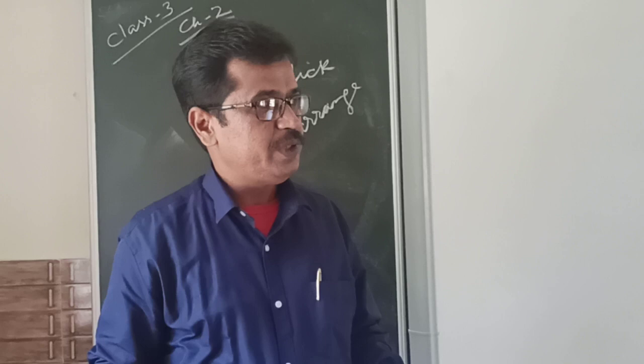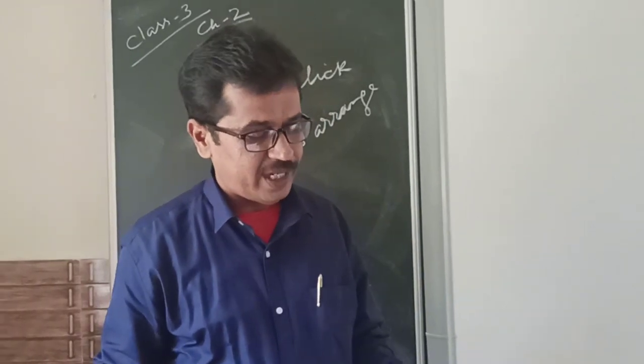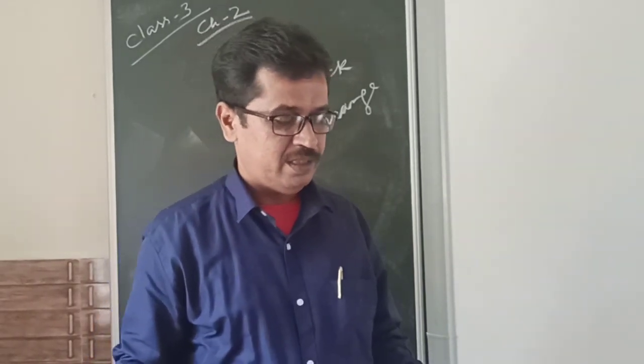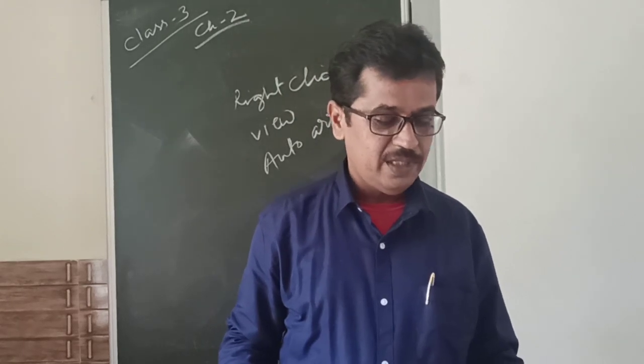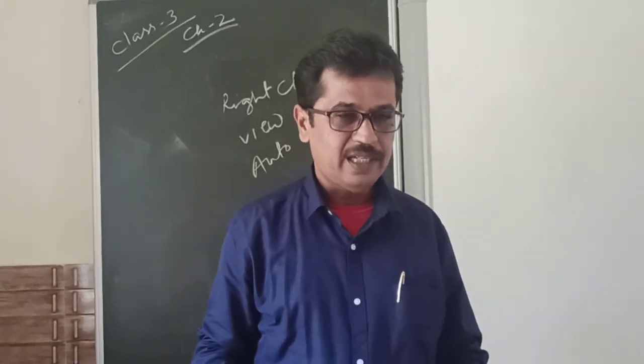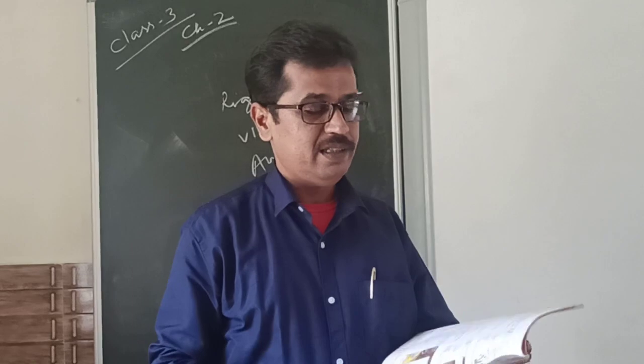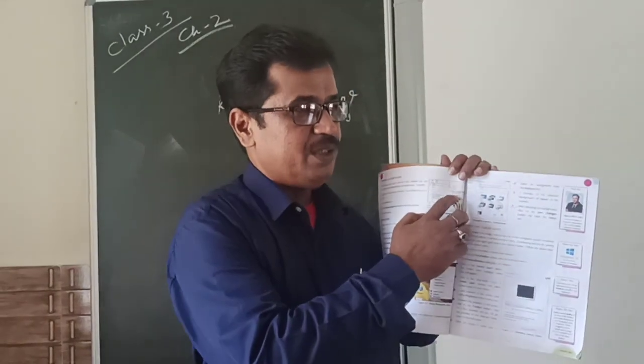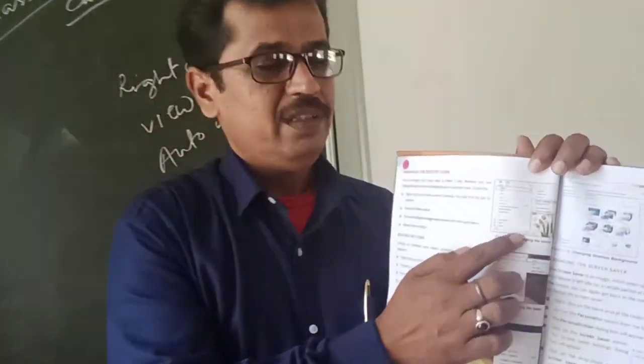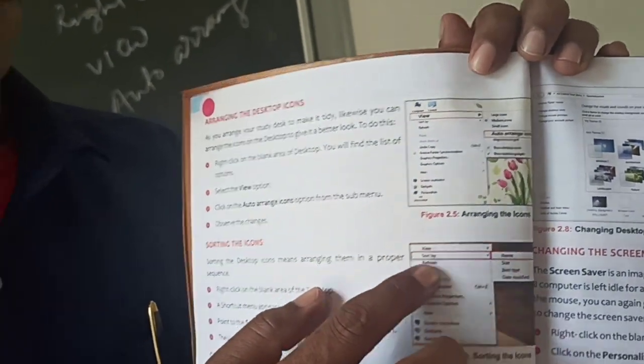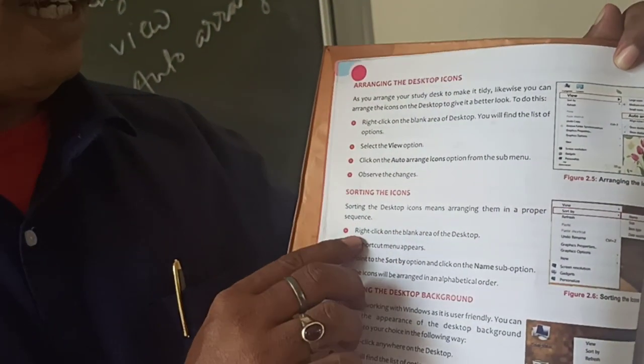So these 2 things we have already done. Arranging the desktop icons: right click on the blank area of the desktop, then select the view option, then click auto arrange, or any other option given here. And next is sorting the icons.